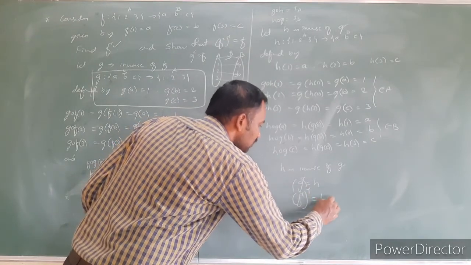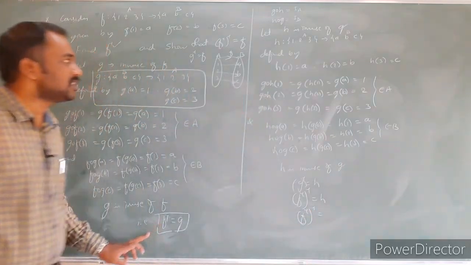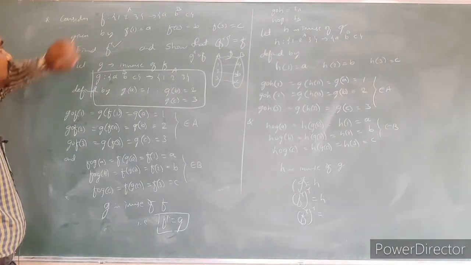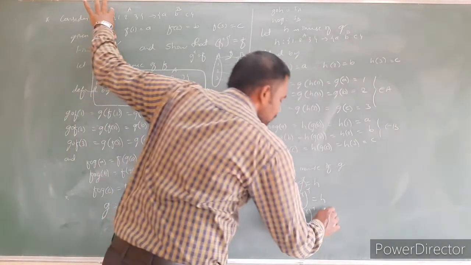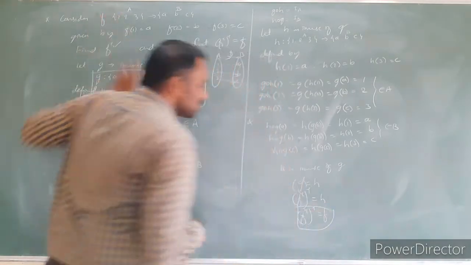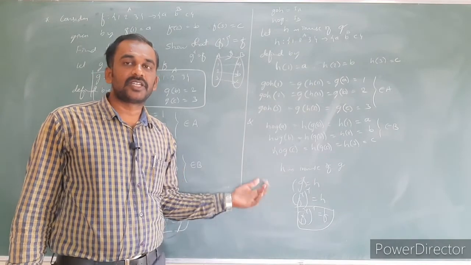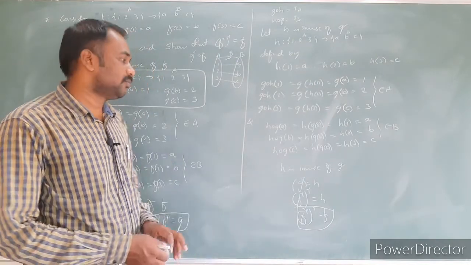So F inverse, that whole inverse, is equal to H. What is H? Compare the H function and the F function. H and F are none other than the same. Yes, obviously it is the same. So F inverse, that whole inverse, is equal to F. So the inverse of the inverse function becomes again the original function.